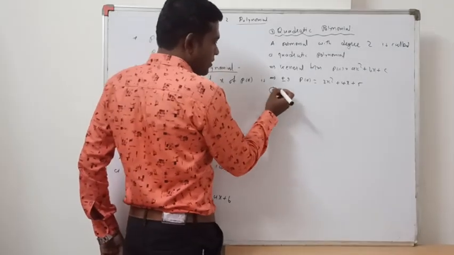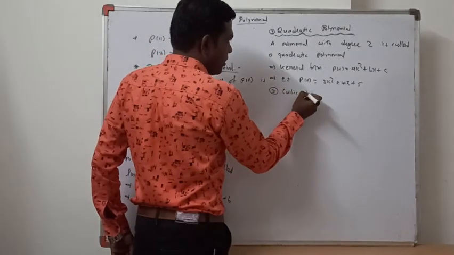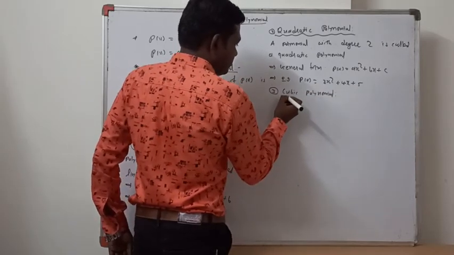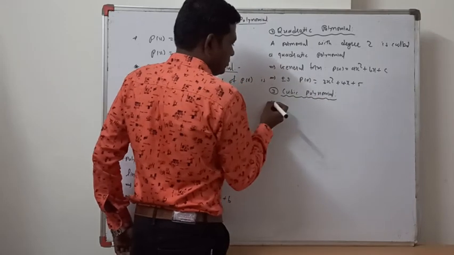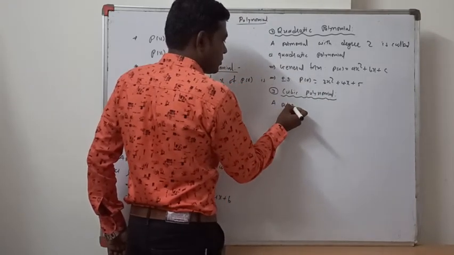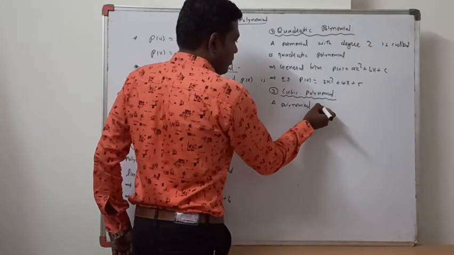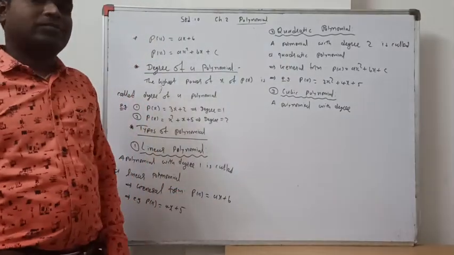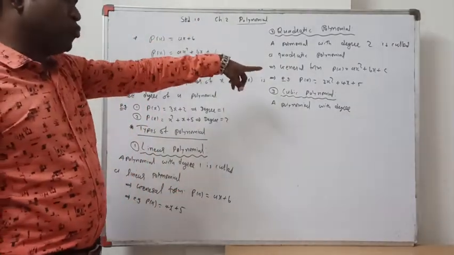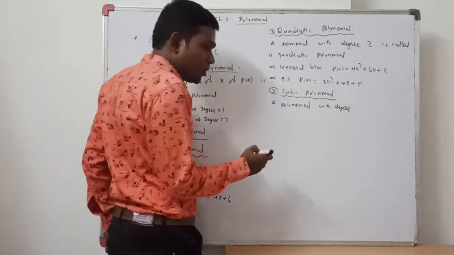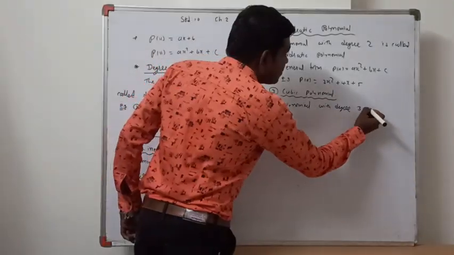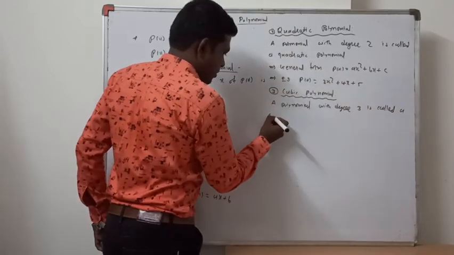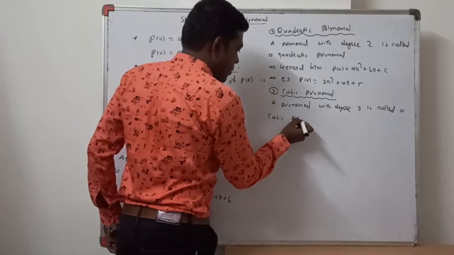Now third one, that is the cubic polynomial. A polynomial with degree, in linear 1, in quadratic 2, and in cubic we have to remember 3. A polynomial with degree 3 is called a cubic polynomial.